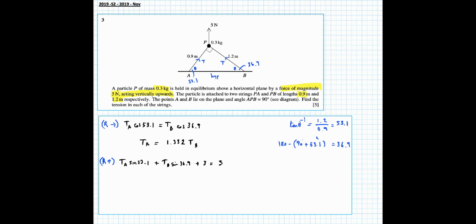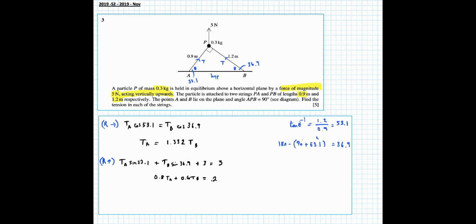And from there you can simplify, cancel your 3 on both sides, you'll get equal to 2. So we end up with 0.8 TA plus 0.6 TB is equal to 2. That's our second equation.